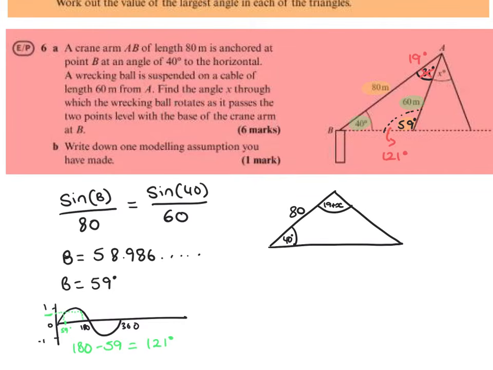And then this angle here is in fact going to be 180 minus 19 minus 40 minus x, which is 59. 180 minus 59 is 121 minus x. So that's going to give us 180 degrees. So far, this is what we've got. We need to find x.